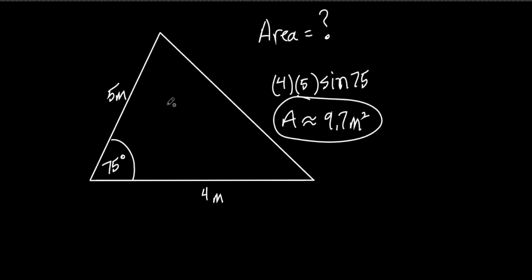Don't know. Let's go back to the formula. There's no half in the formula, is there? No. So is that 9.7 when you take half of that? Yeah. It says the area of a triangle is equal to half the product. Oh yeah, that's it. That definitely makes more sense that it would be half.